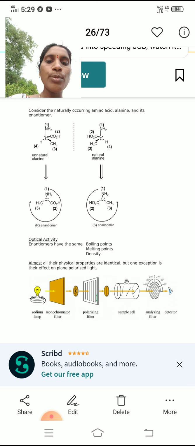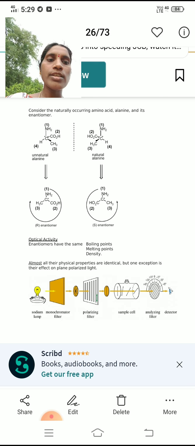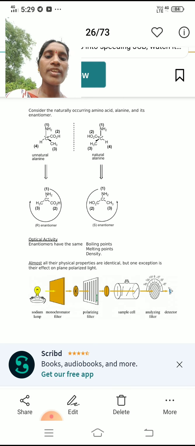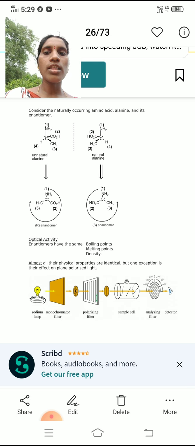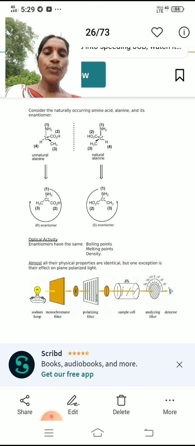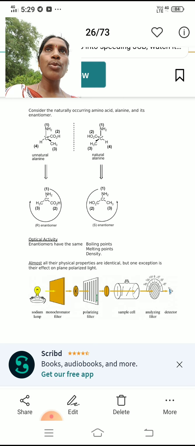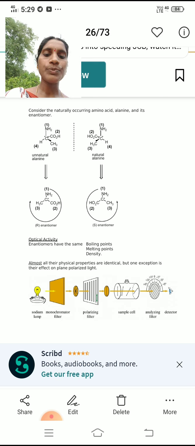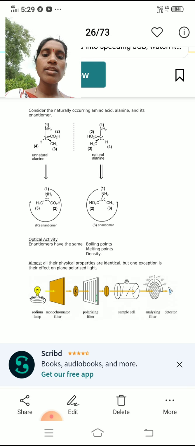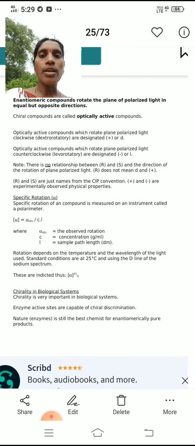If the sample rotates plane polarized light in the right or clockwise direction, it is called a dextro-rotatory compound. If it rotates the light towards the left or anti-clockwise direction, it is called a levorotatory compound and is denoted as L.